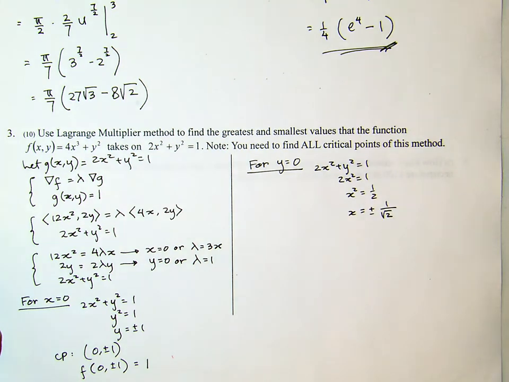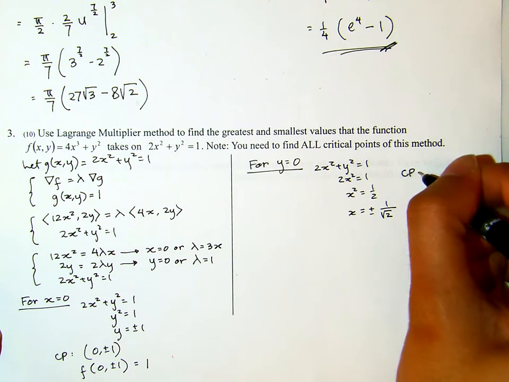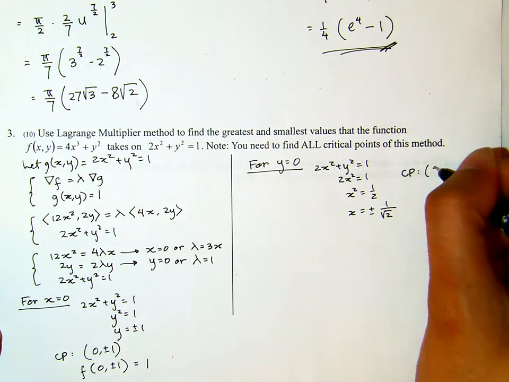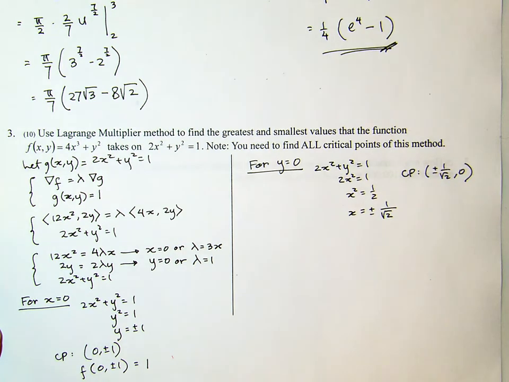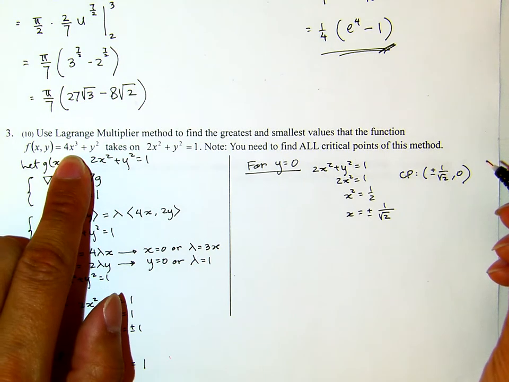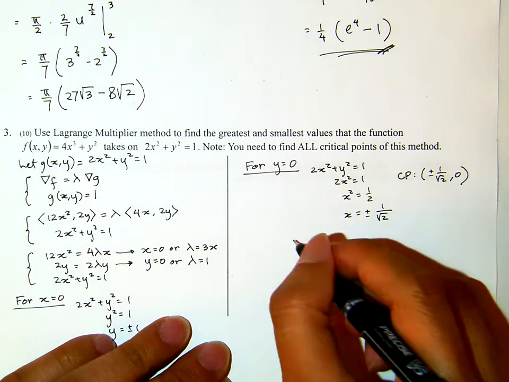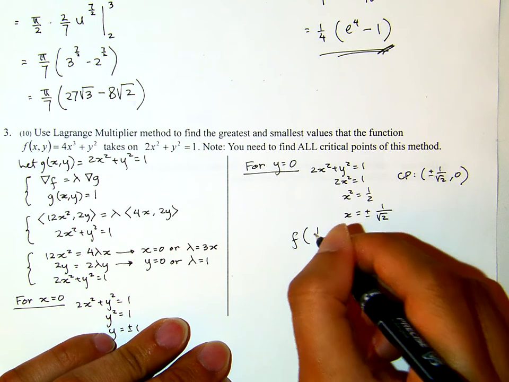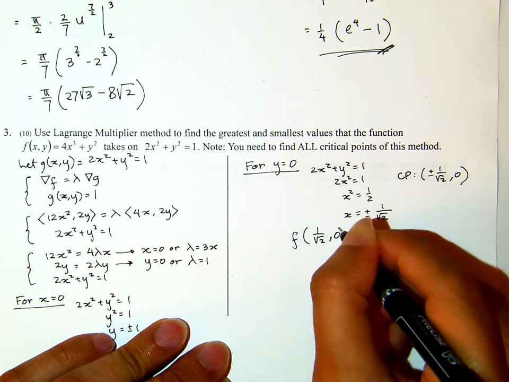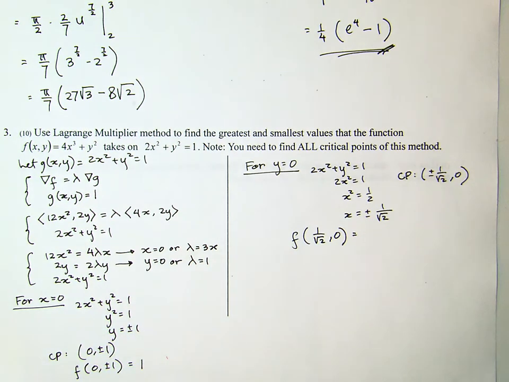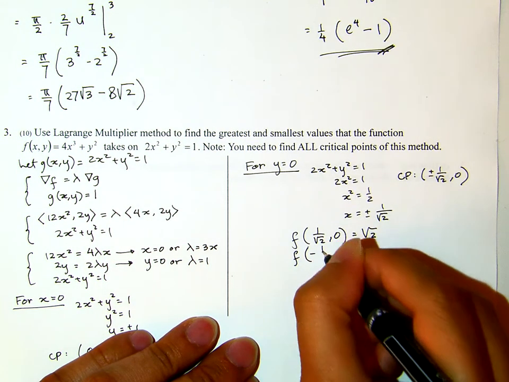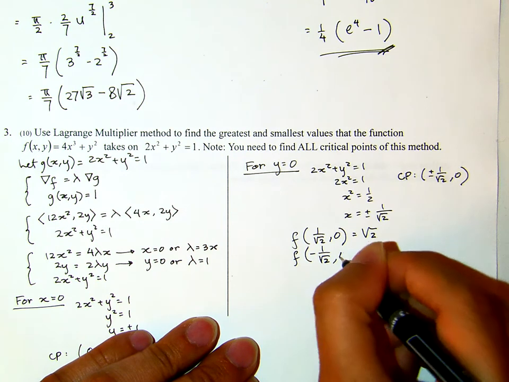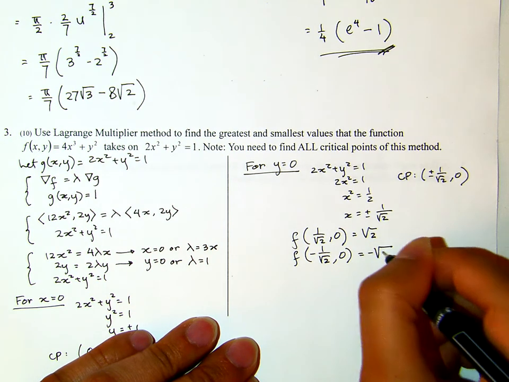This implies the critical points from here will be (plus or minus 1 over square root of 2, 0). Because of possible different values of the function, let me split it up. f(1 over square root of 2, 0) will be radical 2, while f(negative 1 over radical 2, 0) will be negative square root of 2.